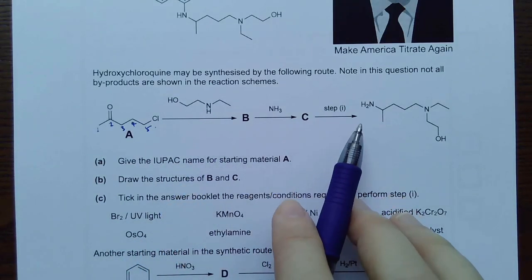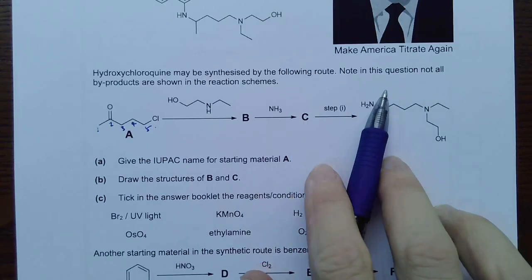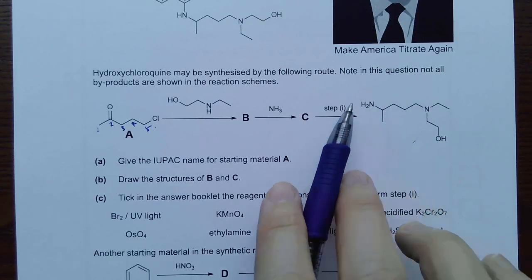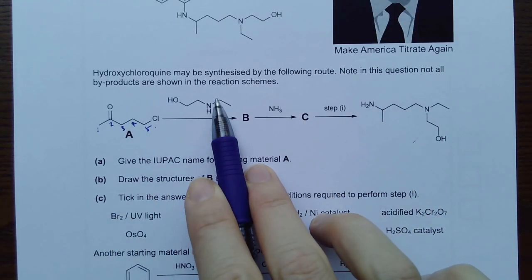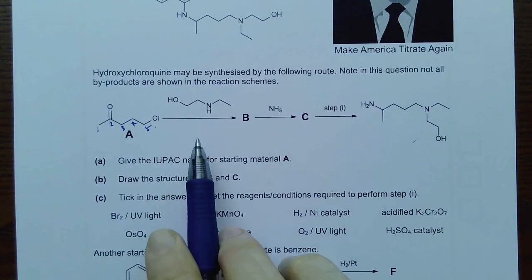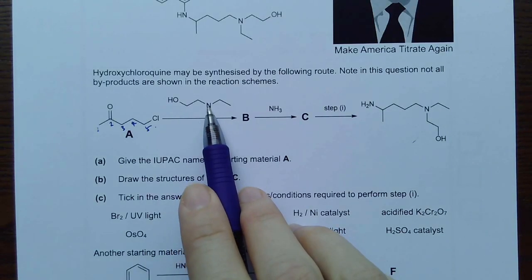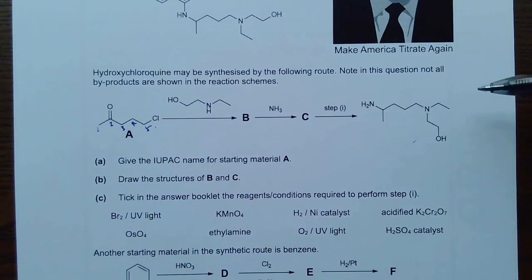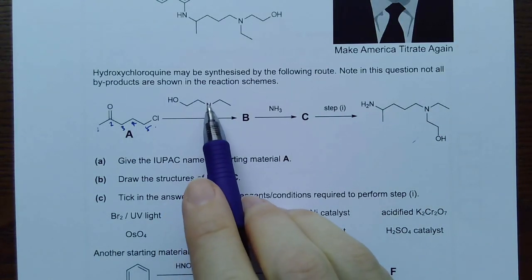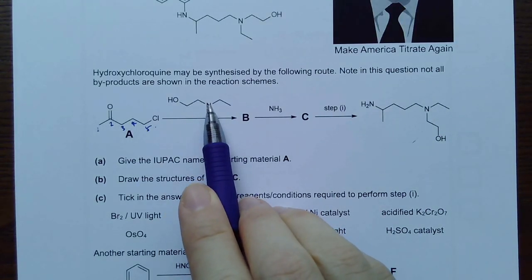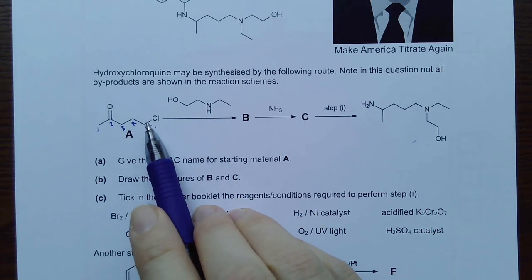So the idea here is you want to try and identify which part of this molecule relates to this molecule and this molecule. And it should be clear that I've got nitrogen, carbon, carbon, oxygen here, and that's going to be nitrogen, carbon, carbon, oxygen. So this is going to add on at the 5-carbon.